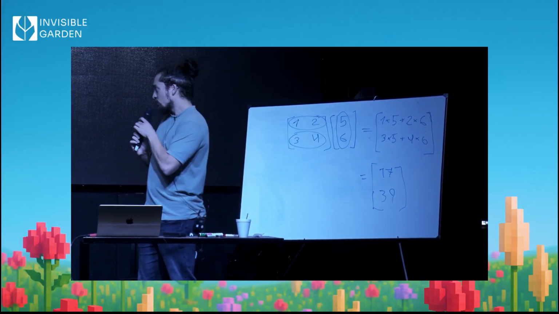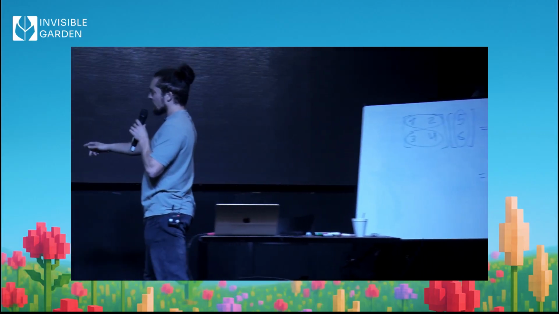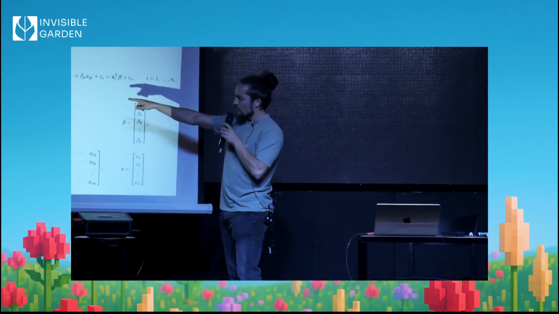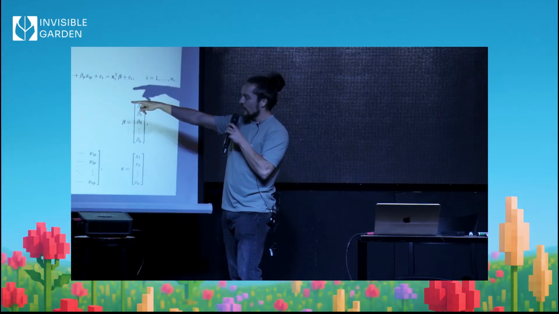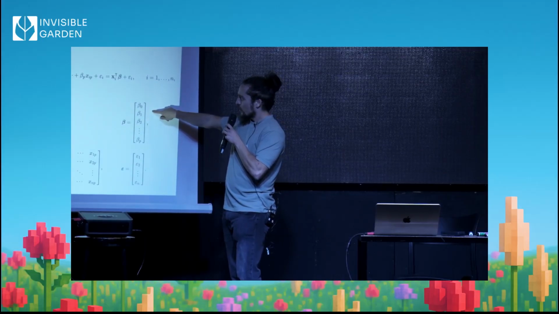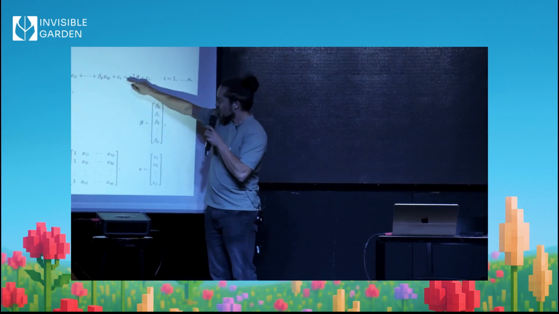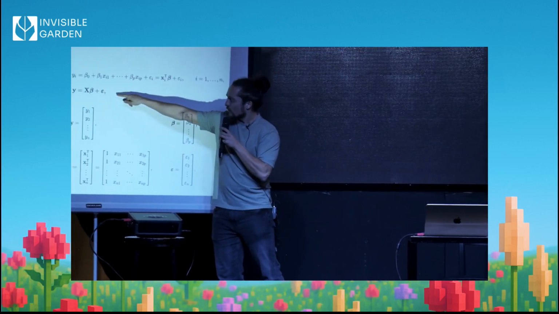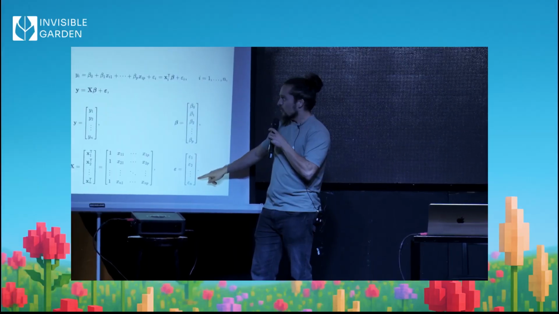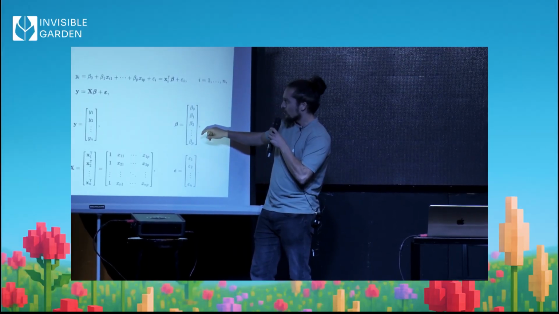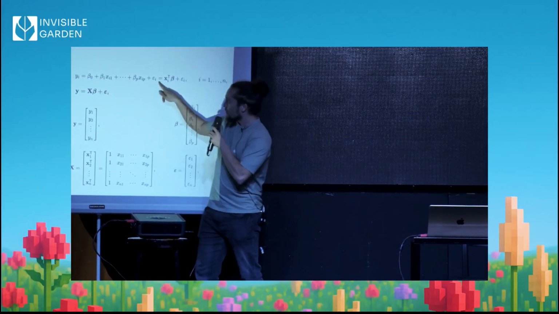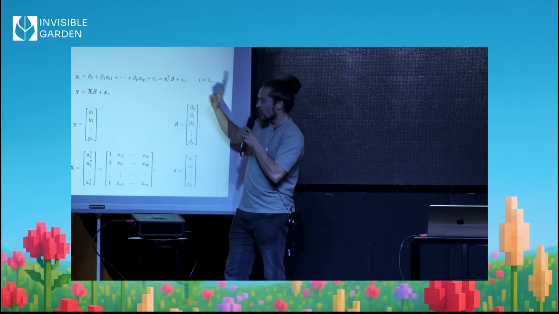But that's how you multiply a matrix by a vector. And so you do the same thing with x and beta. If you carry out this process, you're going to get this, exactly. And at the end you also have epsilon, which is 1 per element. So this will be the formula for one single sample.